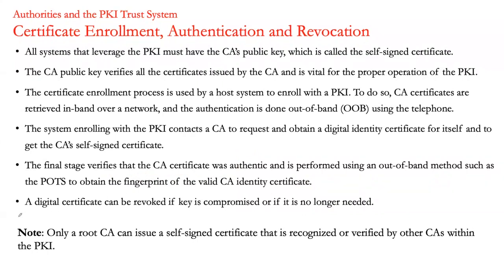Then the digital certificate can be revoked if the key is compromised or if it is no longer needed by the sender or receiver in the blockchain. Here only a root certificate authority can issue the self-signed certificate that is recognized or verified by the certificate authorities within the public key infrastructure.